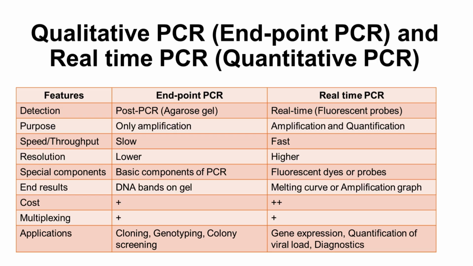If the detection is post PCR, as I explained, once the reaction is over, you take the PCR product, load it on an agarose gel, and identify whether your PCR reaction is successful or not. This is called endpoint PCR, for which you need an agarose gel. In real-time PCR, that is quantitative PCR, you need fluorescent probes, and the detection is based on these probes.